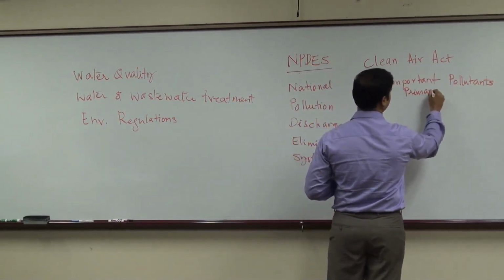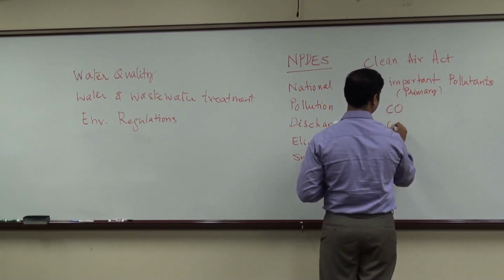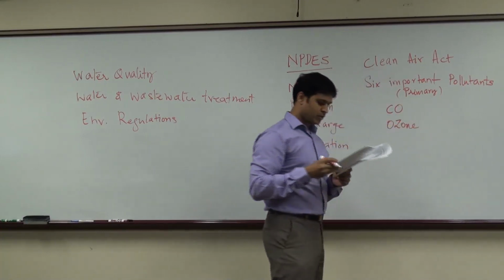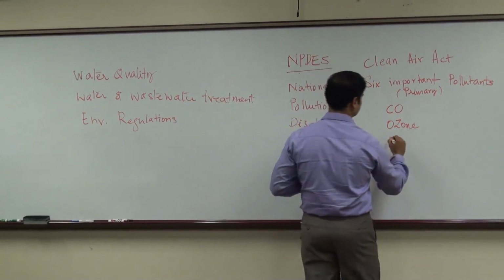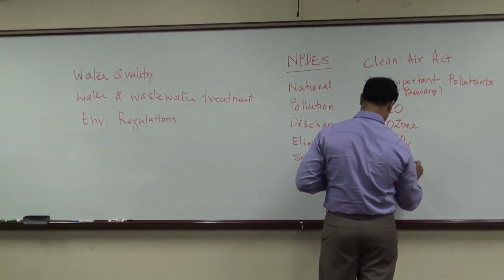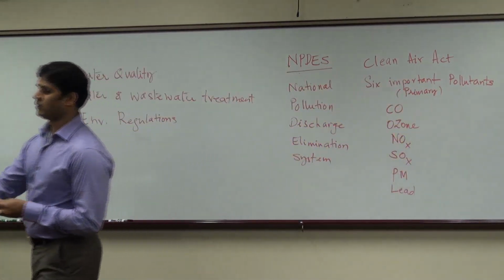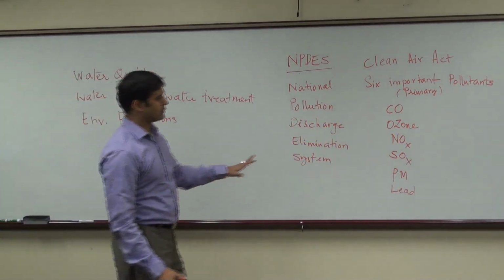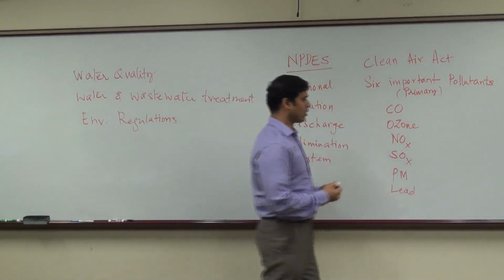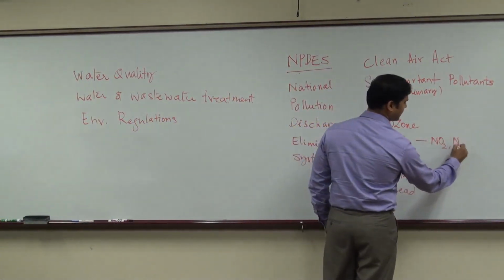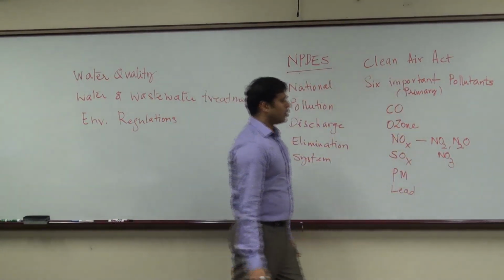Those are going to be your carbon monoxide, ozone, and so on. There are 6 of those: carbon monoxide, ozone, NOx. NOx could be nitrates, nitrites, it could be even N2O and NO3, all right? NO.